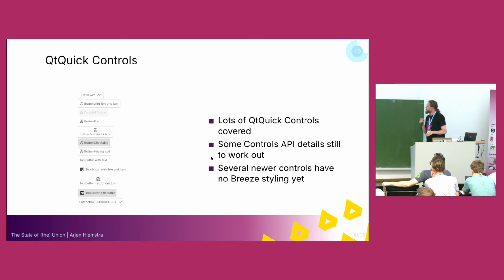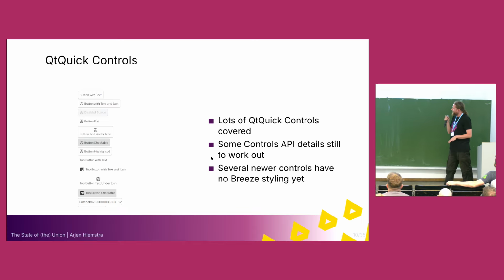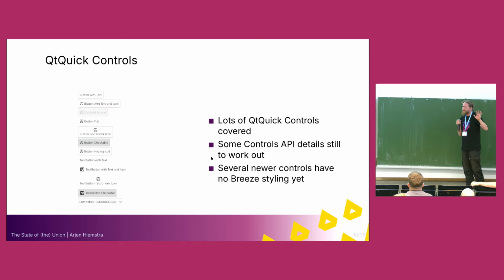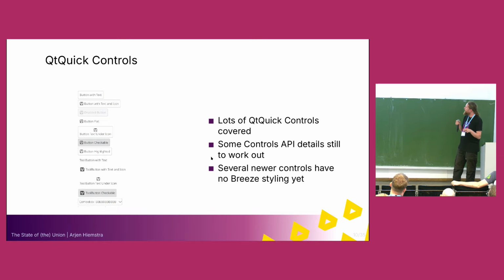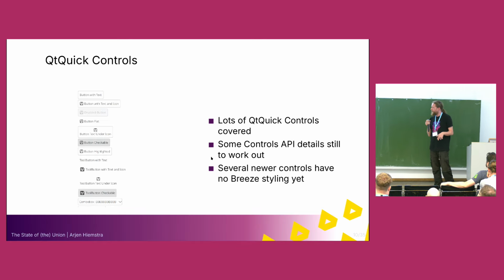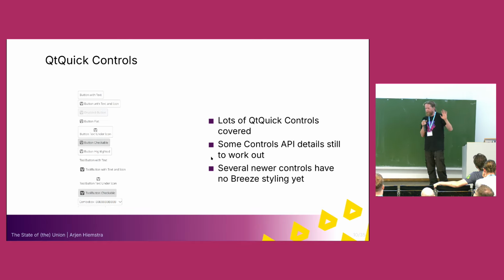So, current state, Qt Quick controls. We're working on building that style out. There's a bunch of stuff that's already working, like most of the basic controls that you would use in an application.